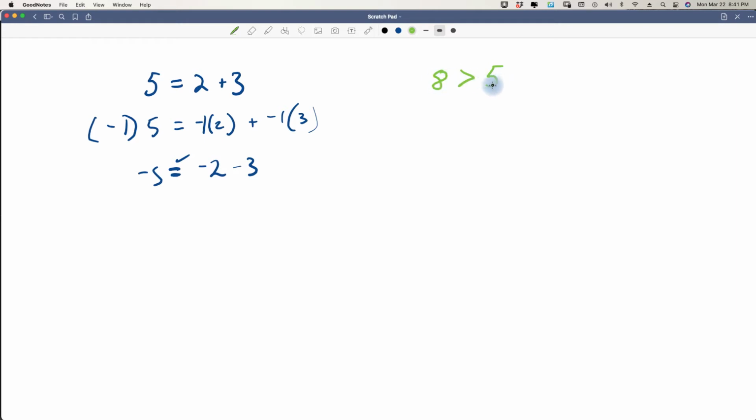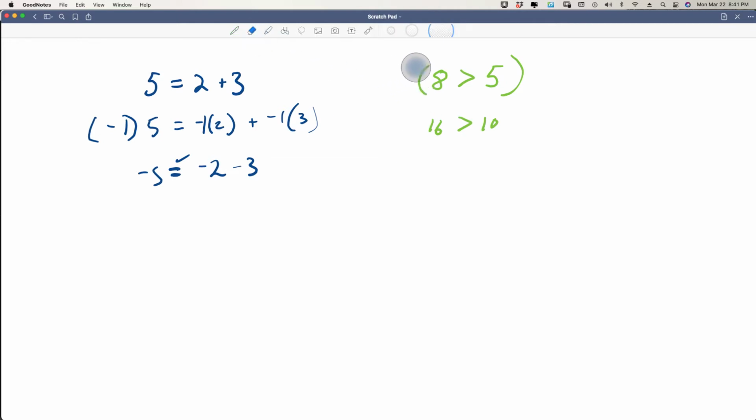So we cannot do the same thing on both sides and expect them to balance out because they're unequal. If we were to multiply by a positive, let's say a positive 2, we would get 16 is greater than 10. That's true for a positive.